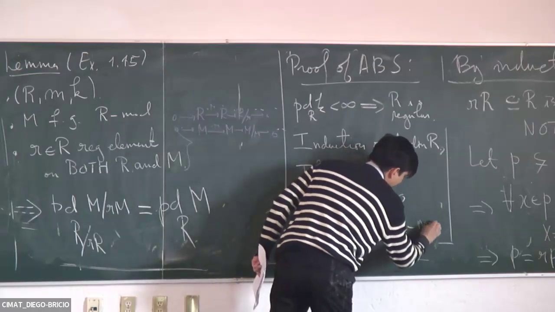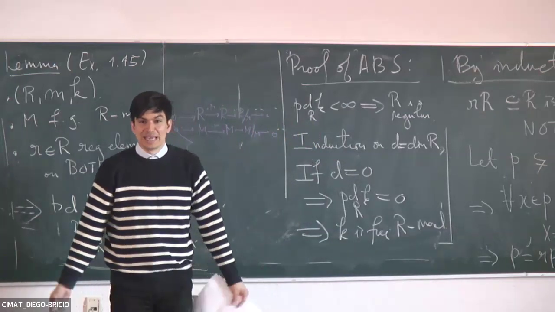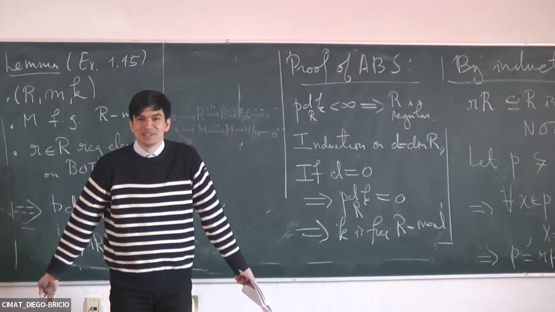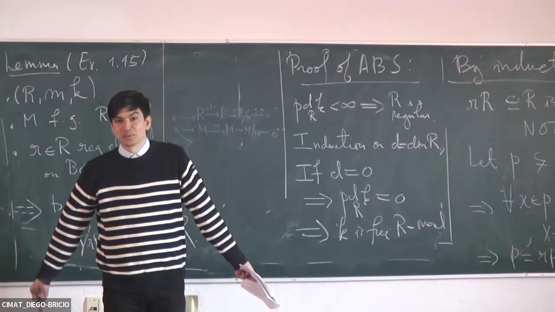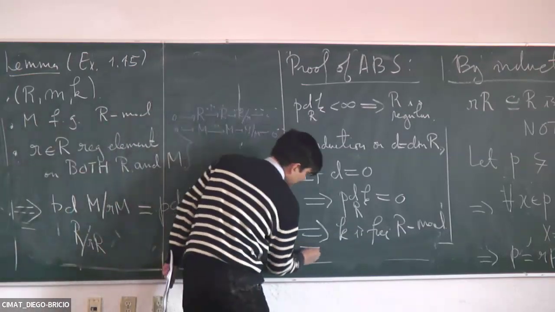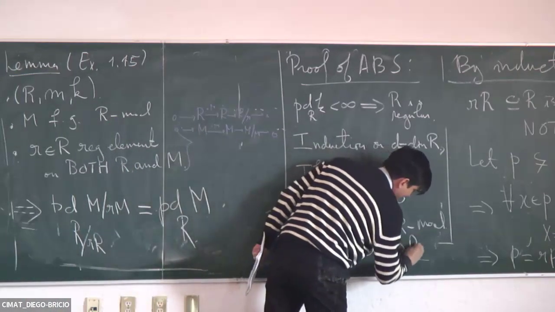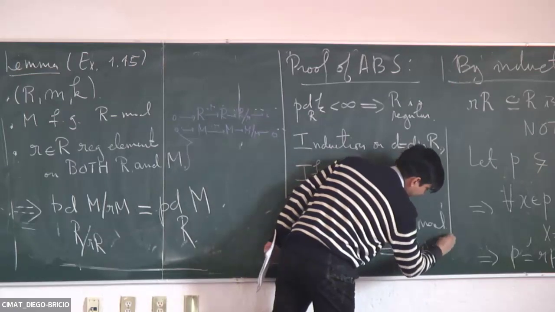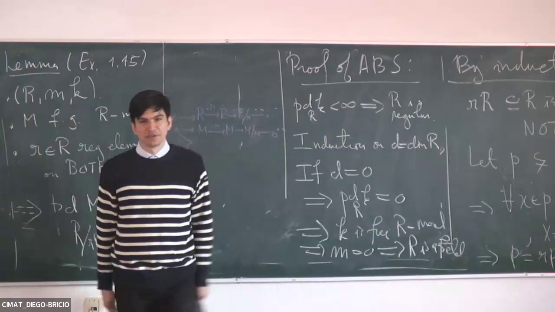It's an R module. What does that imply? k has no torsion, right? So it forces the maximal ideal to be 0. R is a field. And fields are regular.